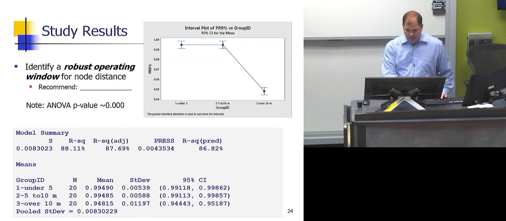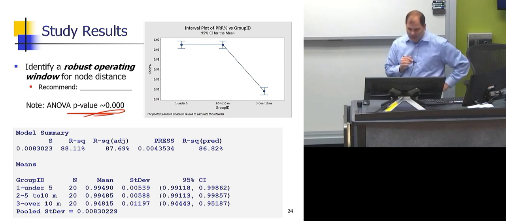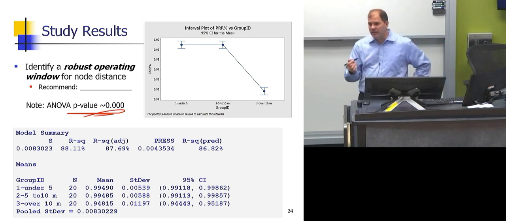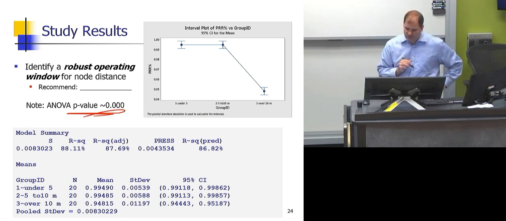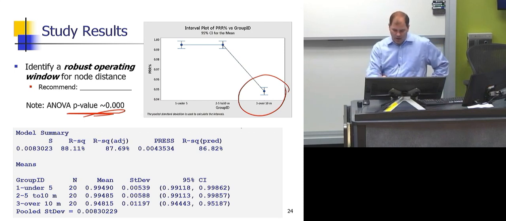All right? They run the test, and they get as following. They get a p-value of 0, which is not ideal in this case because they did not have robustness to any size, but they learned something rather interesting here. What did they learn? If they set them too far apart, what happens to the PRR?